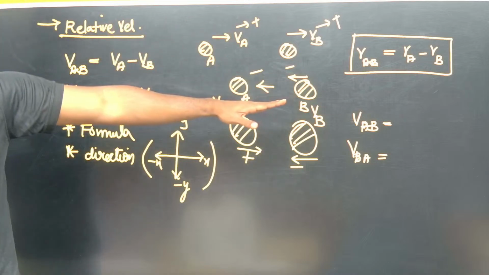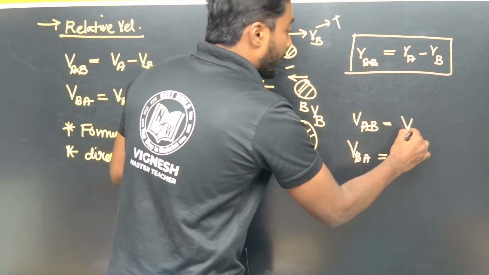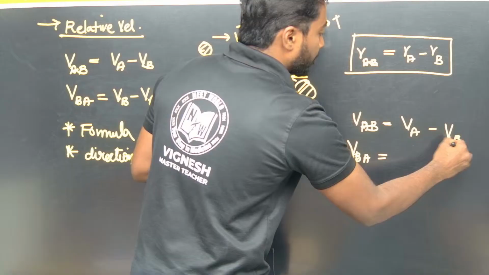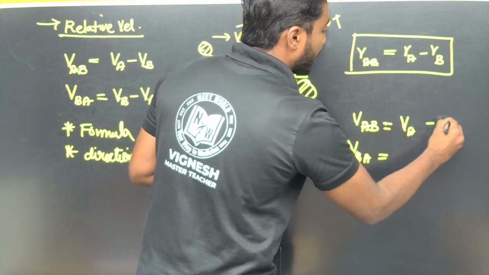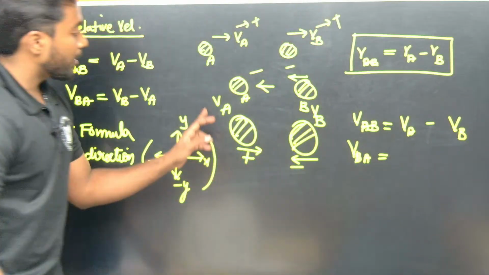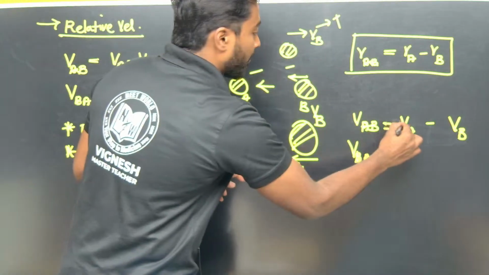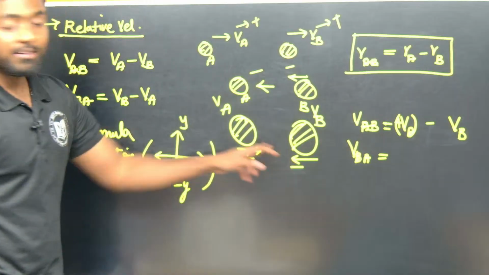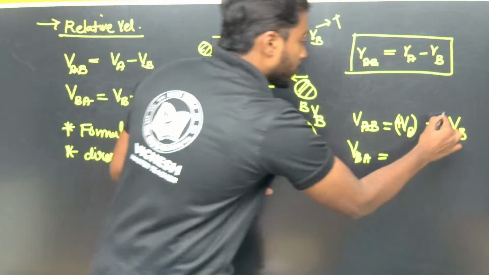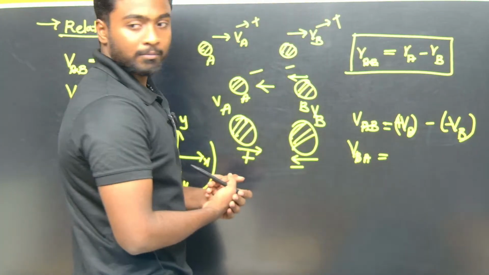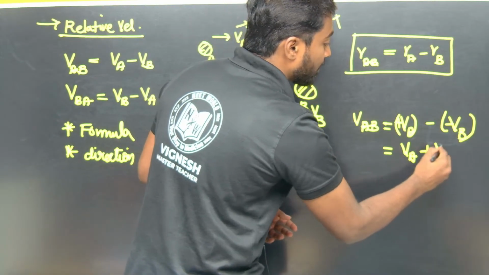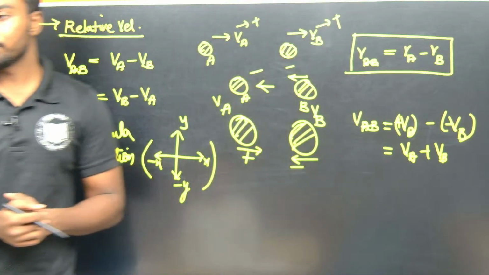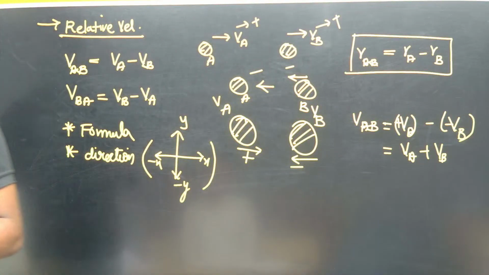Write the formula first. VA minus VB. Now VA is positive, keep positive. VB is negative, so keep negative. So what will be the answer? VA plus VB. Hope you understood this one.